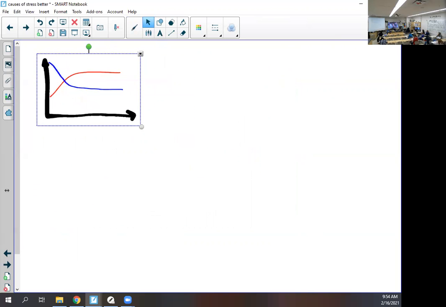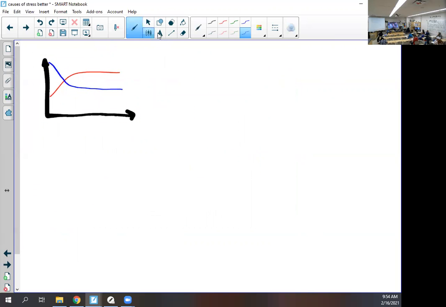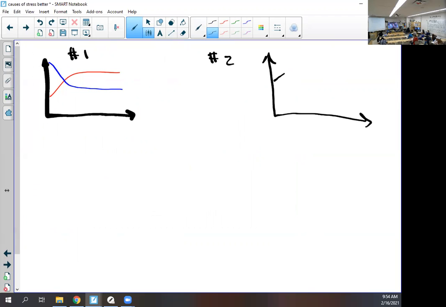All right, so there's graph number 1. One thing is similar, but mostly it's different. Those should be flat.